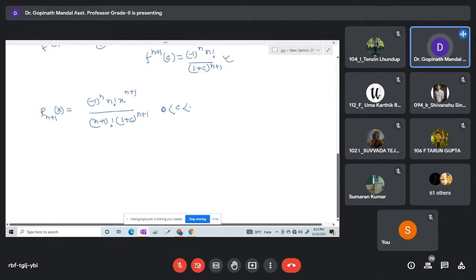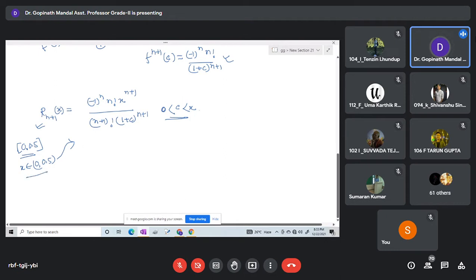Now let us consider the behavior of the remainder term in a small interval, 0 to 0.5. For any x belonging to 0 to 0.5, R(n plus 1) of x will be of this form.